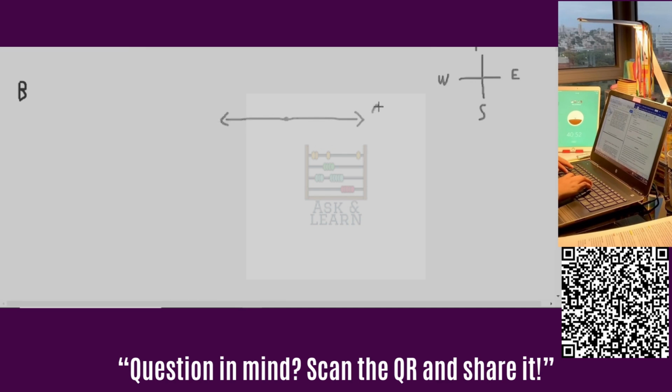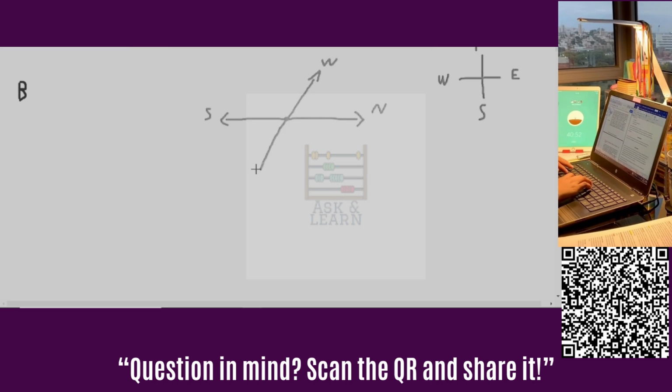This is north, south. So west is going back into the page. And east is coming out of the page.